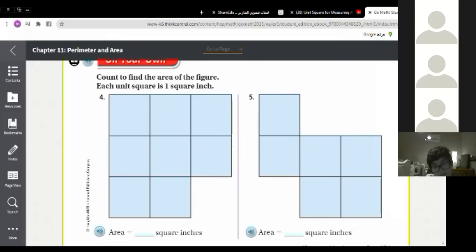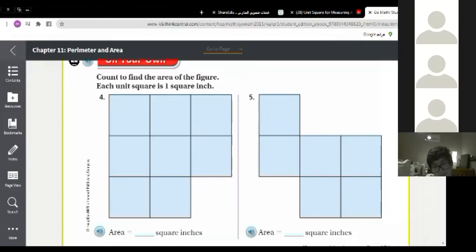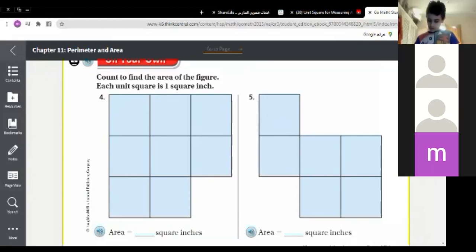Number 4, as you see here. Count to find the area of the figure. Each unit square is 1 square inch. So 1 square inch is different from 1 square centimeter. Ibrahim, Muhammad, number 4.